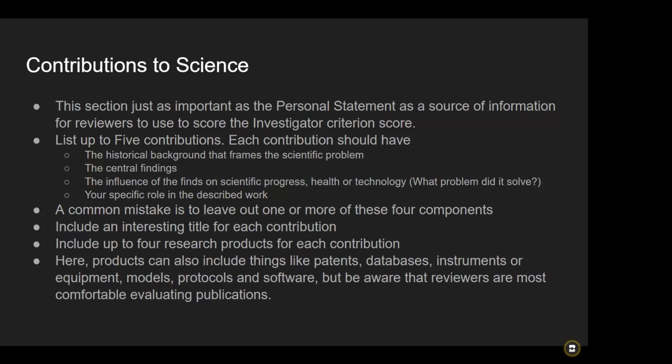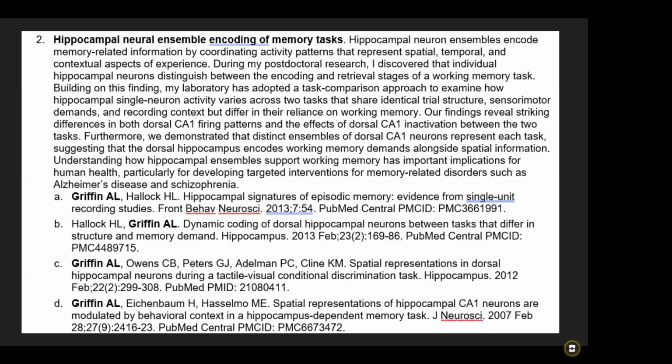And then you can include up to 4 research products for each contribution. So products can be a little bit more broad here. They can include things like patents, databases, instruments or equipment, models, protocols, and software, but be aware that reviewers are most comfortable evaluating publications.